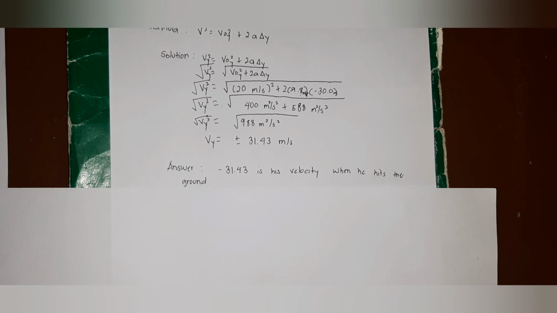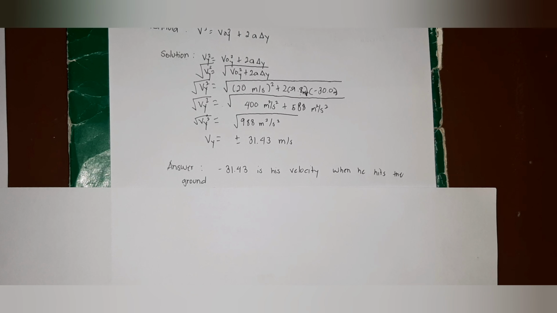And the value of 2 times negative 9.8 times negative 30 meters is 588 meters squared per second squared. We will get the value of 988 meters squared per second squared. Then we will take the square root of both sides and we will get final velocity equals plus or minus 31.43 meters per second.